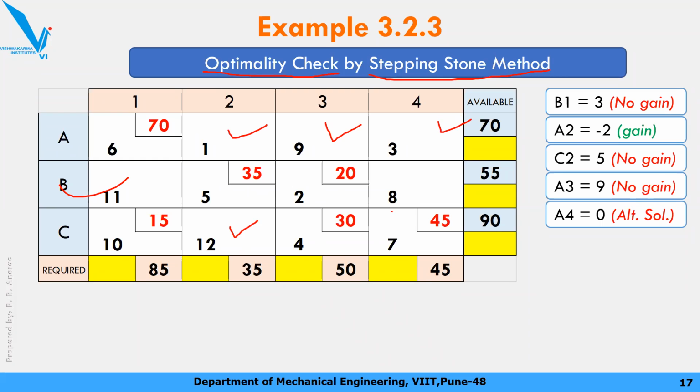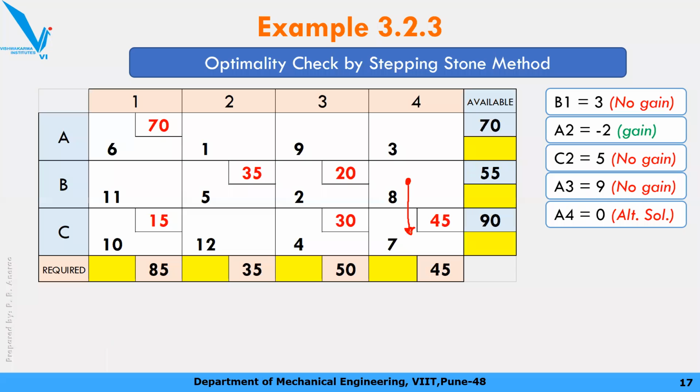Now I'll again repeat the process of how to calculate the improvement index for an unoccupied cell, for the B4 case. You need to start from that unoccupied cell, then jump only onto occupied cells.